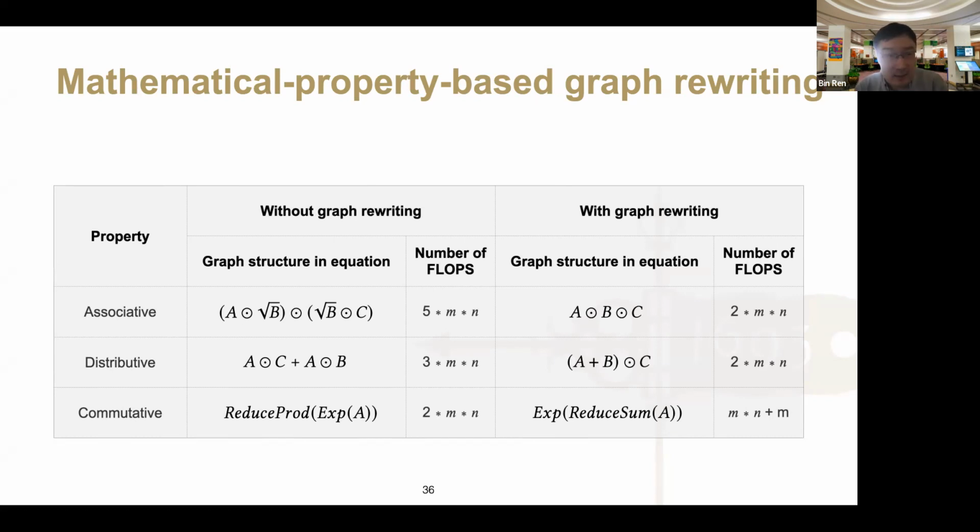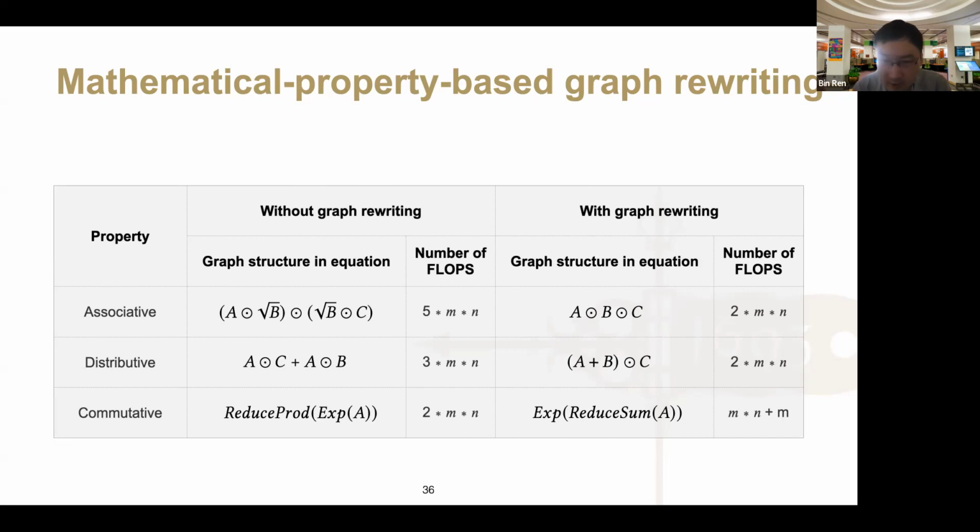Actually, we design around 30 to 50 graph rewriting rules for each category, and in total we have around 150 graph rewriting rules to perform the graph rewriting. And if we match all of these graph rewriting rules on the entire computational graph, this is very time consuming.